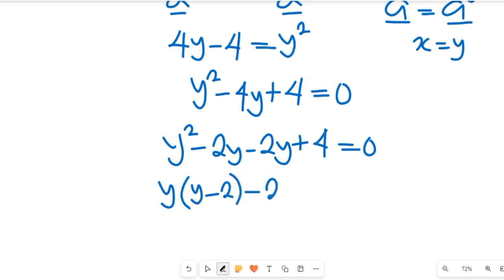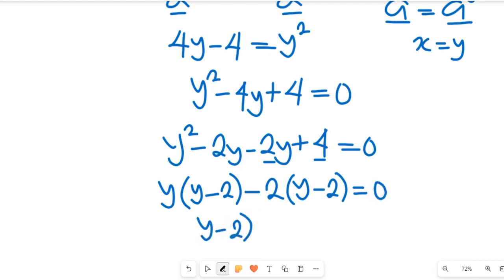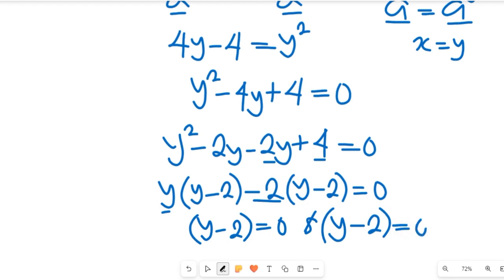Minus 2 is common between this and this. Then this will give us y minus 2, and this will be equal to 0. So the two common values, we have y minus 2, which is equal to 0, and then we have the common value y minus 2, which is also this and this, and that will be equal to 0.